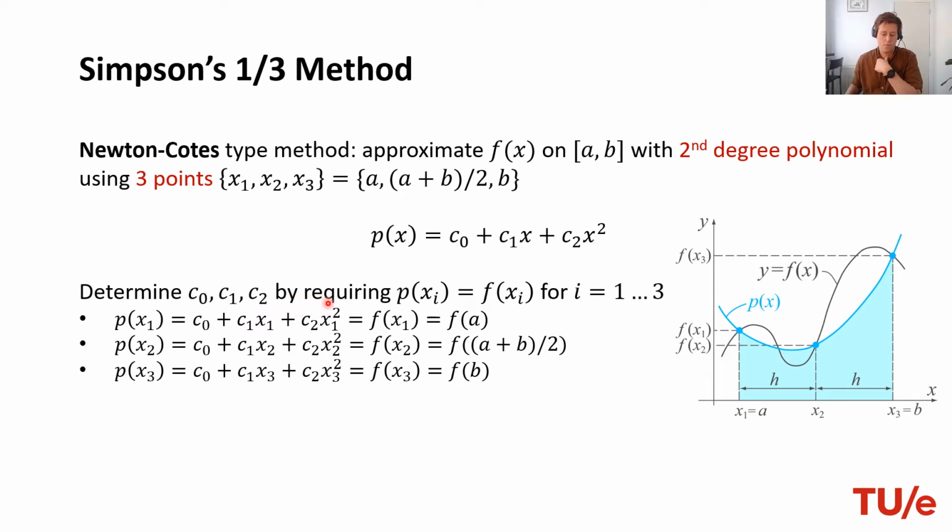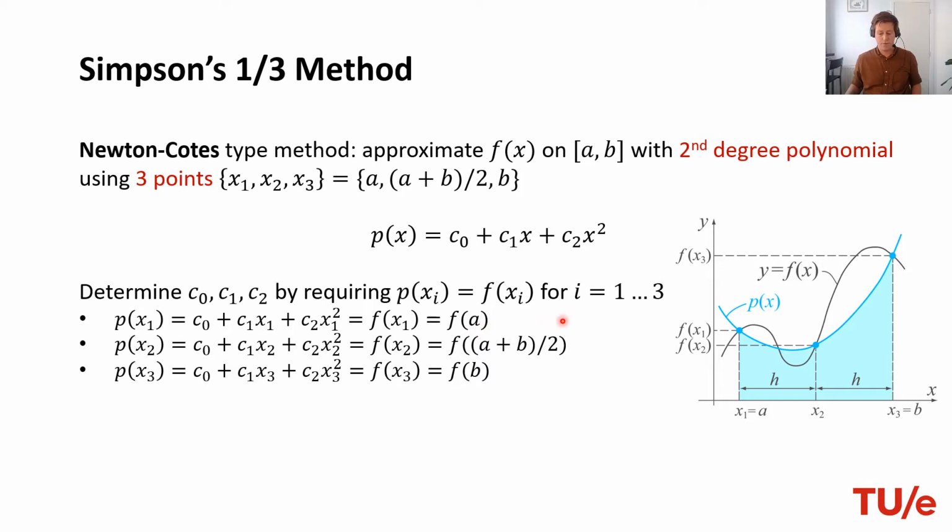X1 is known because that is the value A, which is known beforehand. And here on the right-hand side, we want this to be equal to f evaluated at this point x1. So that's also something that we have to evaluate. So that's f evaluated at A, and that's also a number that we know or that we can easily compute.